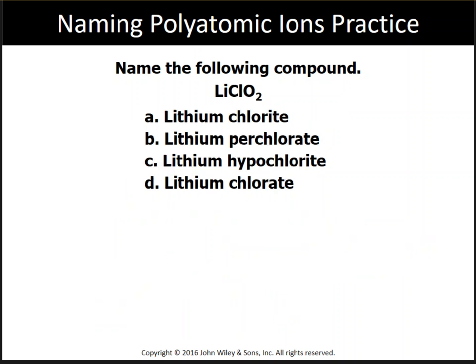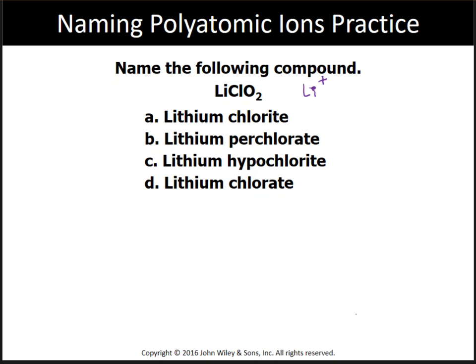Let's look at another example. You want to name this compound. So a good way of approaching this is first of all figuring out what the charges of the cation and anion are here. So lithium, and let's say you don't know the charge of ClO2, the oxyanion here. So lithium is in group 1A. What would you expect the charge of lithium to be? Plus 1.